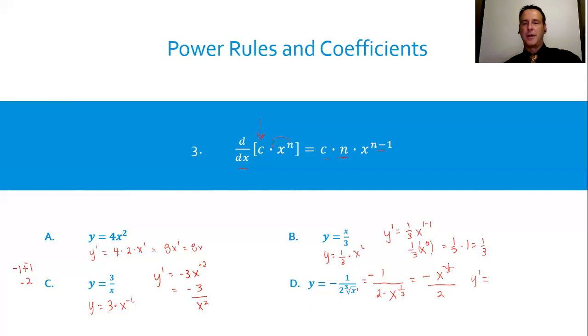I'm going to multiply -1/3 times, really this is -1/2, so it's -1/3 times -1/2, x, and then you're going to have to subtract 1 from -1/3. So -1/3 minus 1 is -4/3.